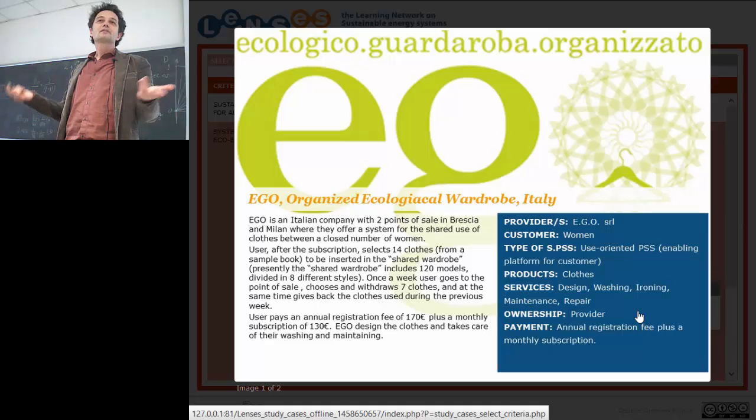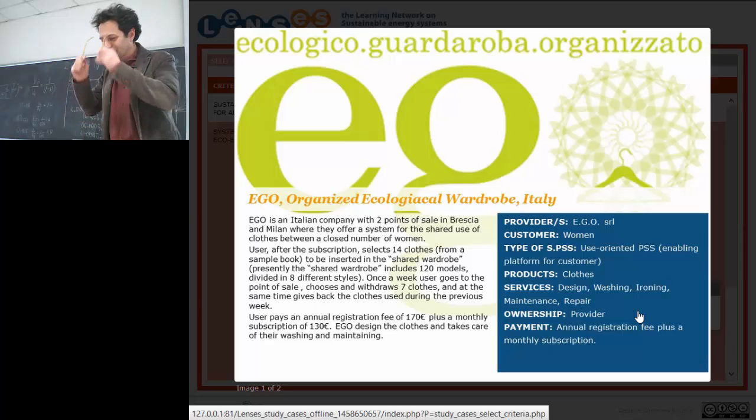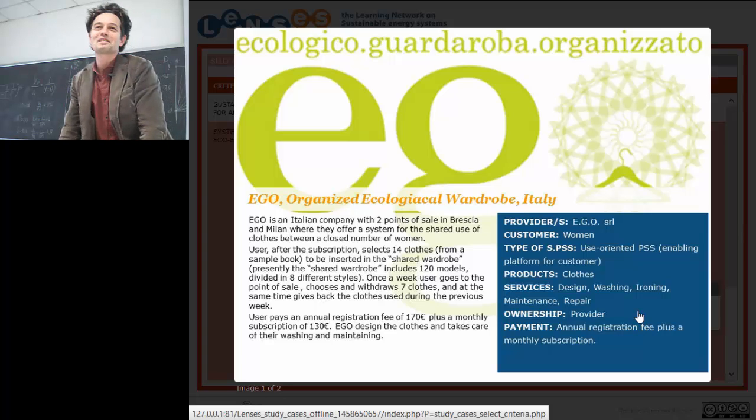So if this is well designed, and it has to be well designed, and this is up to you, this could lead to some interesting issues, together with some constraints that need to be designed in a proper way. And this is what kind of PSS it is. It's even written there, don't read it.